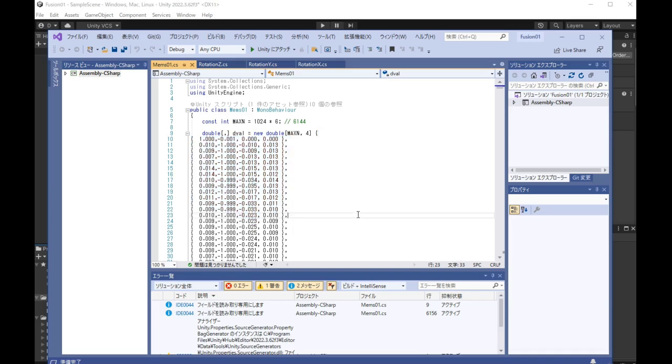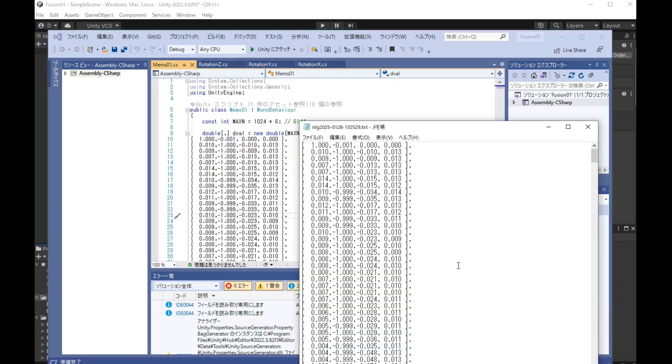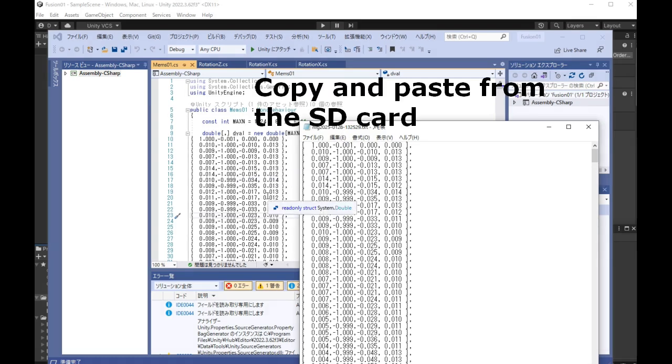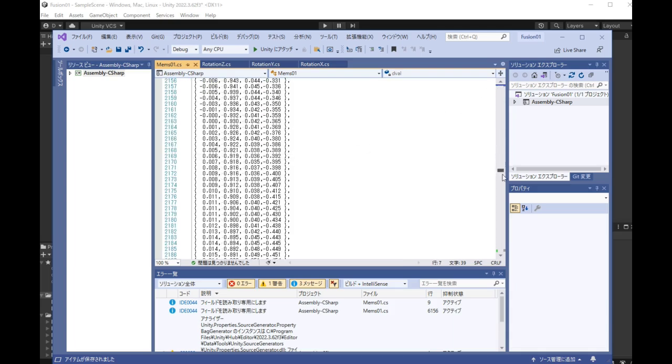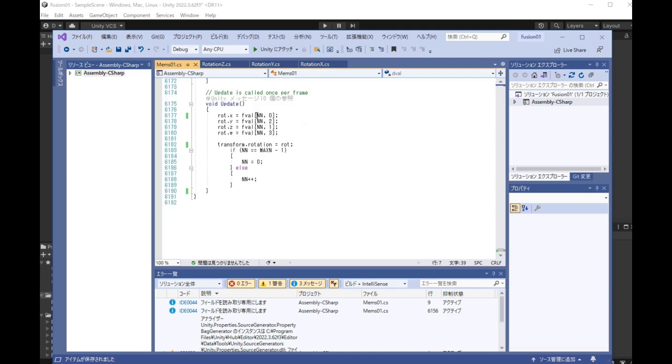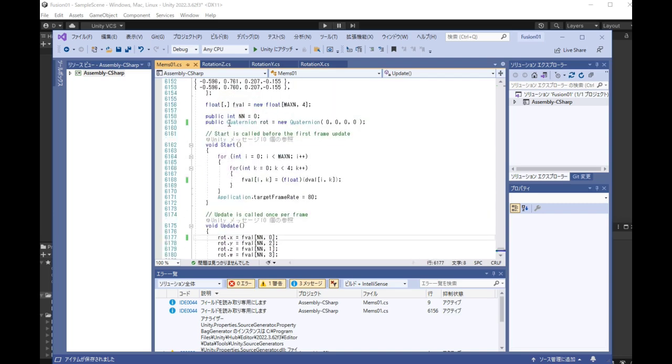And these are quaternions. They are copied from the SD card. And the number of quaternions is like this. Total 6144. There are many quaternions, and we put them into variables and increment n from 0 to 6143, and the type of variable is quaternion.